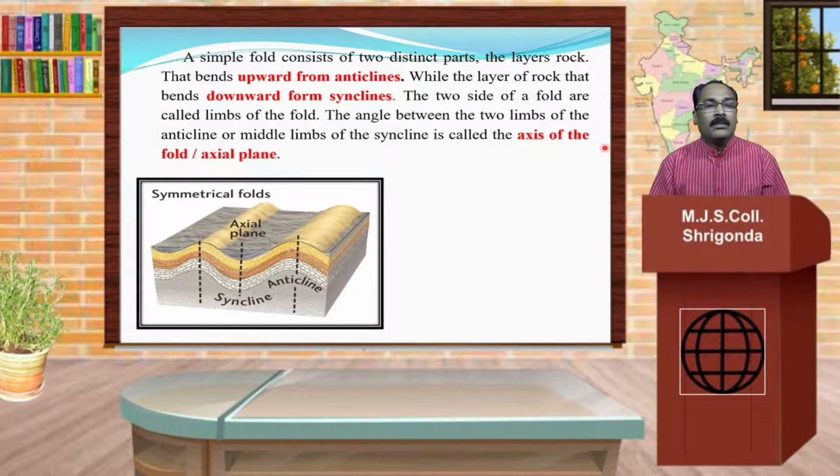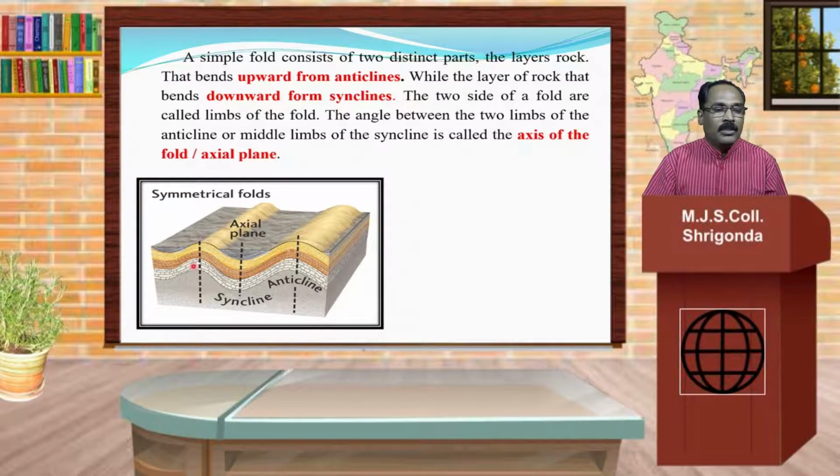Then the fold. A symmetrical fold consists of two distinct parts of layered rocks. The layer that bends upward is the anticline, while the layer of rocks that bends downward is the syncline. The two sides of the fold are called limbs.